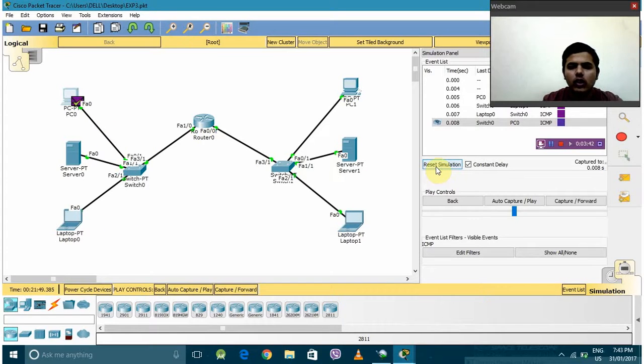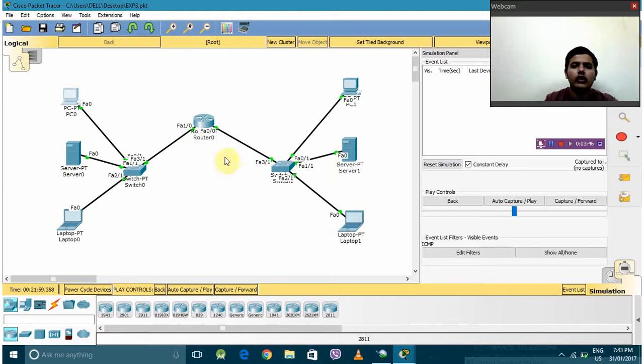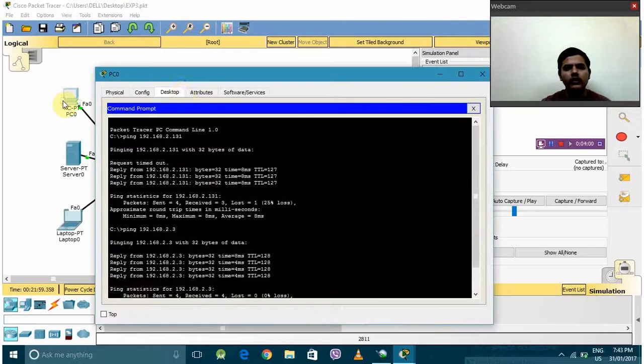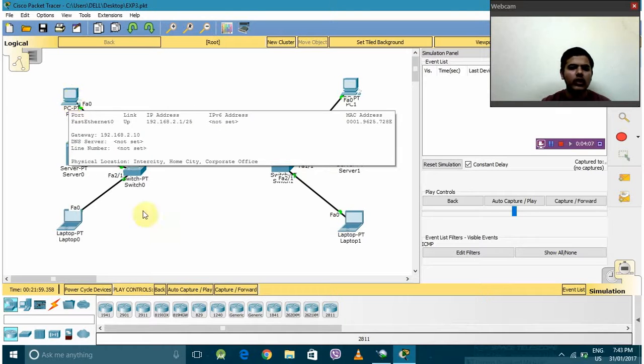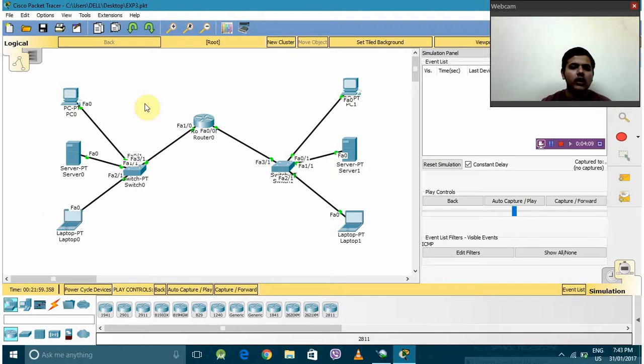Now we would simulate the packet from one network to another network. Friends, here I am going to introduce you to the concept of default gateway. This concept is used whenever we ping from one network to another. When we simulated the packet from one device to another within the same network, it didn't need a default gateway.